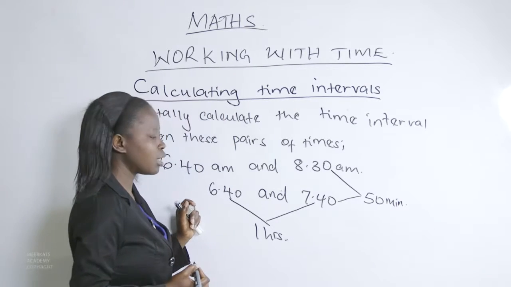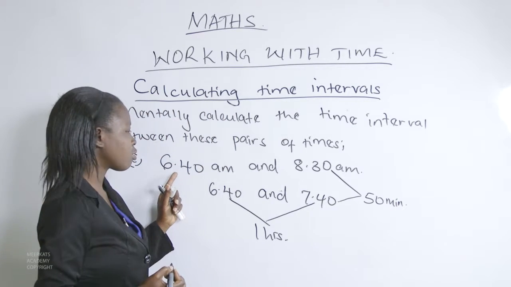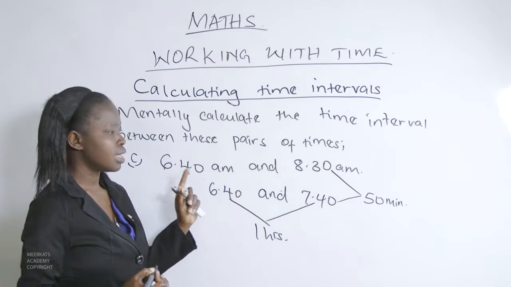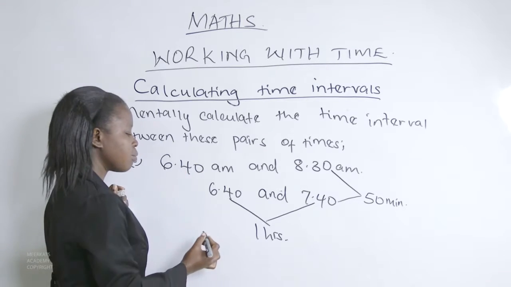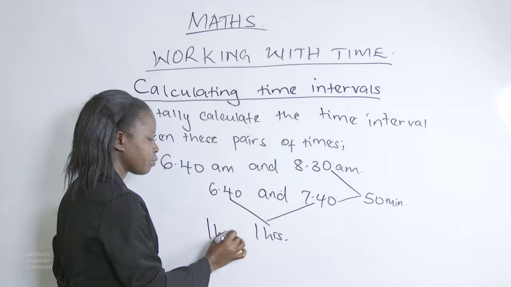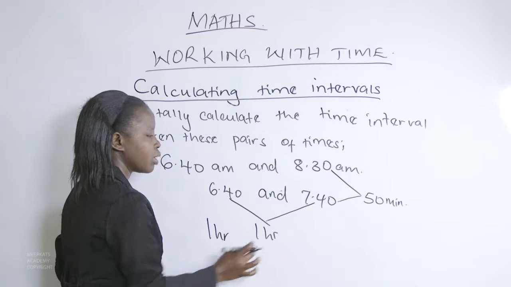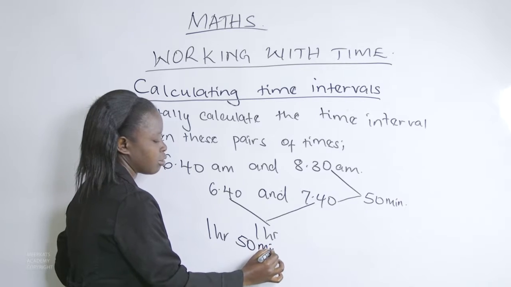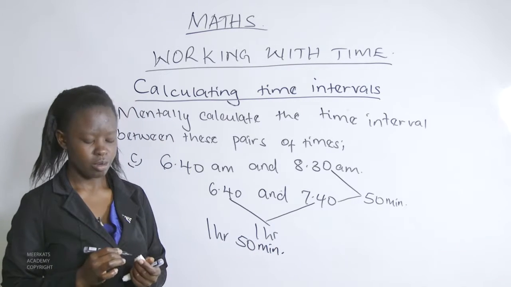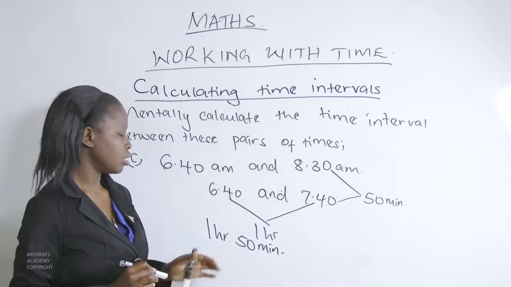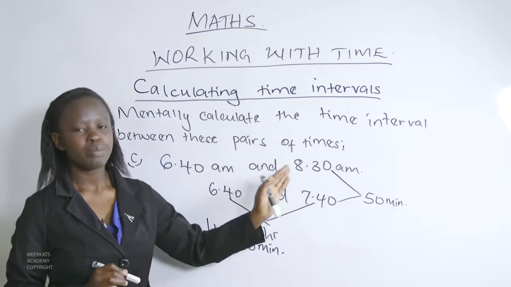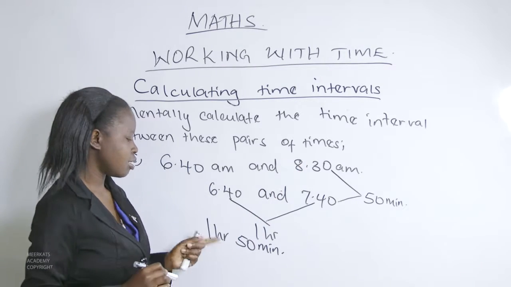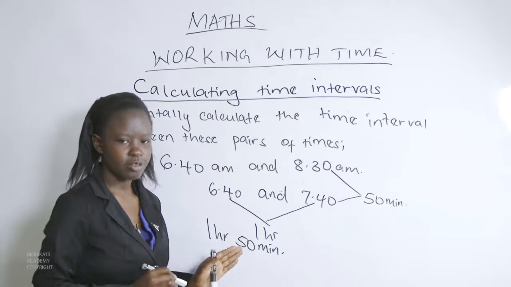So what does that mean? Then the difference between 6:40 and 8:30 is simply 1 hour, 50 minutes. So the difference between 6:40 a.m. and 8:30 a.m. is 1 hour, 50 minutes.